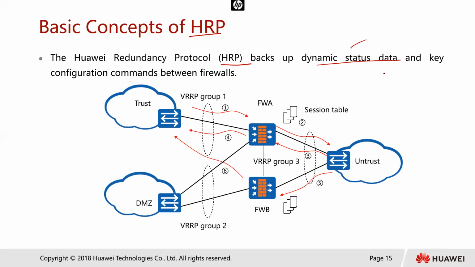So in hot standby networking, if a fault occurs on a firewall, all packets are switched to the standby firewall, and the firewalls are stateful in nature, and a standby firewall does not have the connection status data.